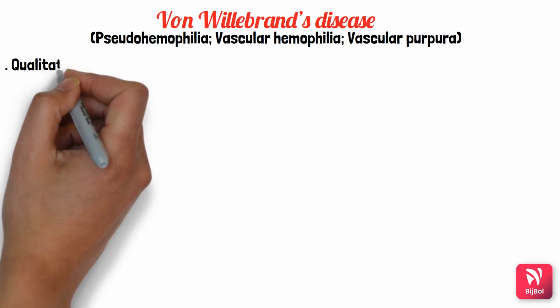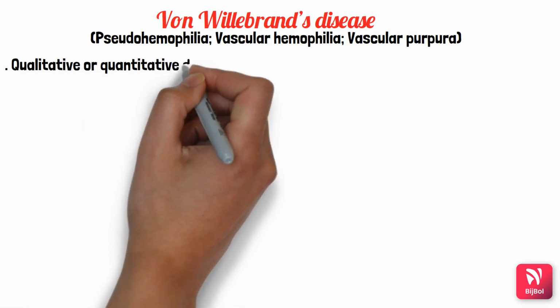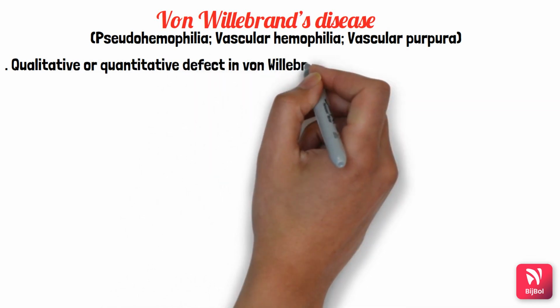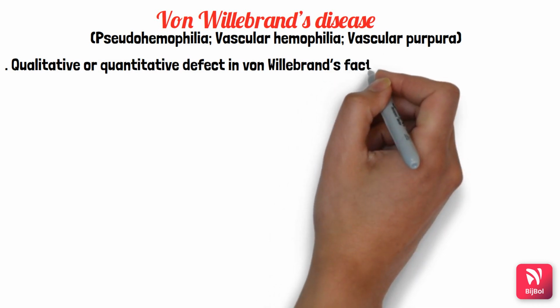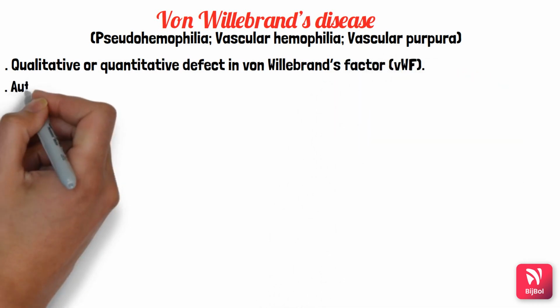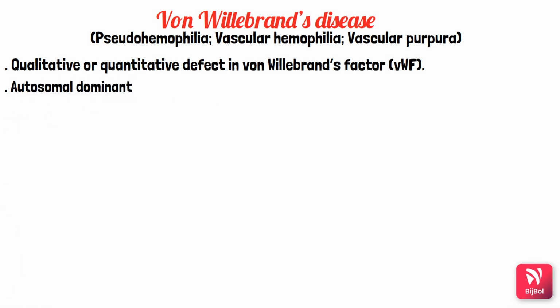That means there can be a decrease in the quantity of the factor, or the quantity can be the same but the function of the factor can be defective. So there can be a qualitative or quantitative defect in the factor. And here the inheritance pattern is autosomal dominant, whereas in hemophilia it is X-linked recessive.